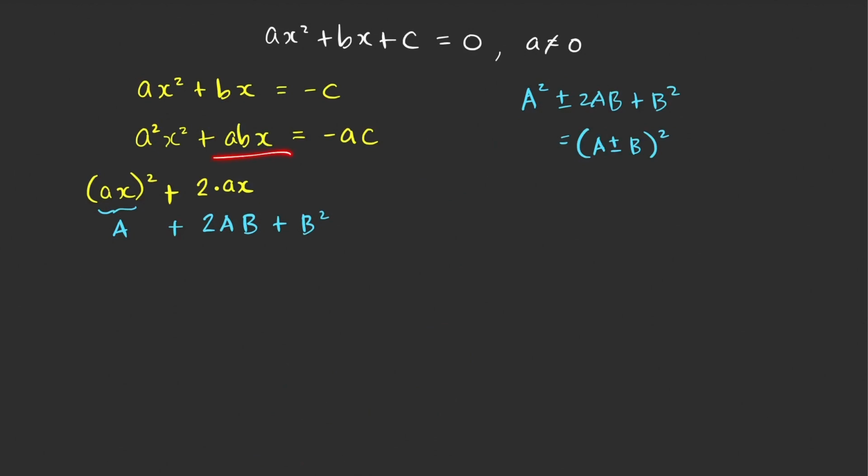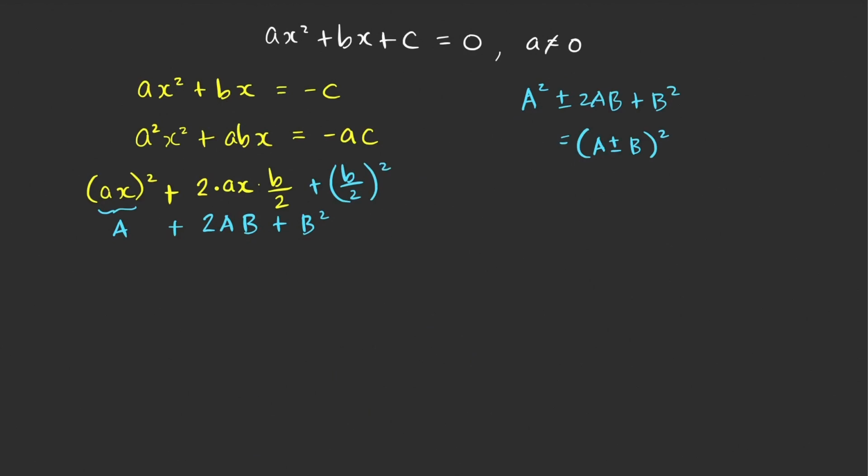But the second term here is abx, so to make this abx, we have to multiply by b over 2. If you take the product of this one, you'll get abx. So it is clear from here that this is our a, and this will be our b, b over 2. To get the b squared, we just have to square that one, so we need to add b over 2 quantity squared.